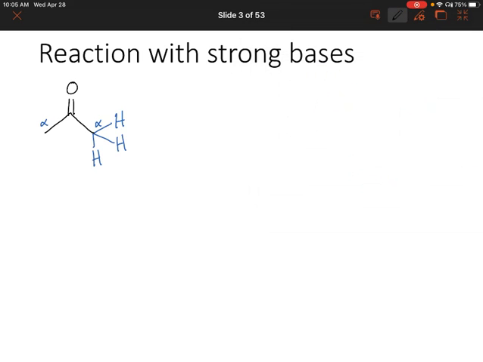Let's say we're reacting this with a very strong base. We'll talk about what that base will look like later on. That base is going to deprotonate the alpha carbon. The shared electrons will be left behind on our ketone, and then we'll move pi electrons up to oxygen.